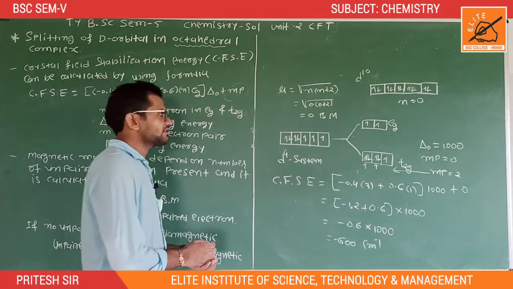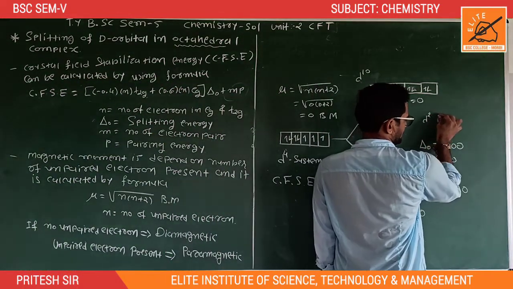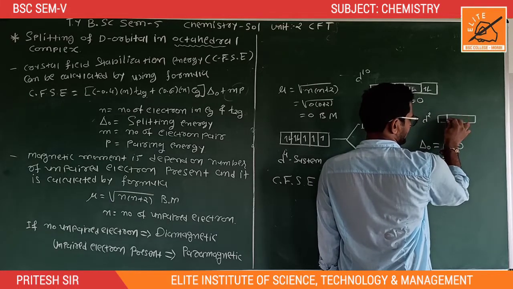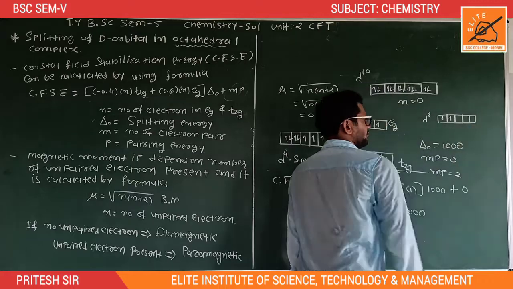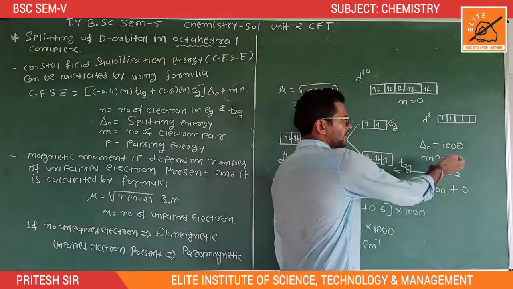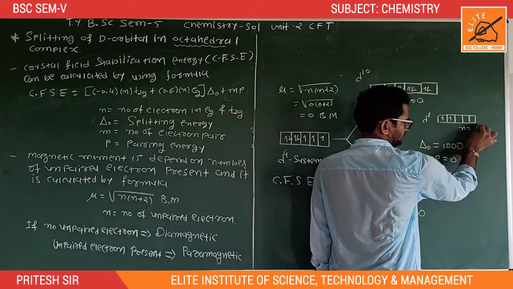Suppose I take another system, that is a d2 system. A d2 system means two electrons are present in the d orbital, first and this is the second. So here the number of unpaired electrons are first and second, n is equal to 2.